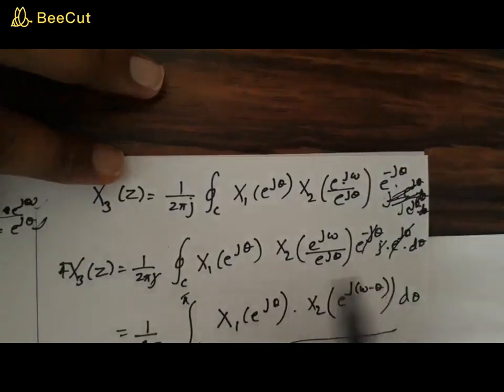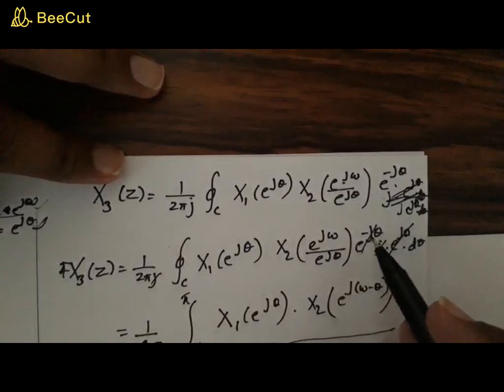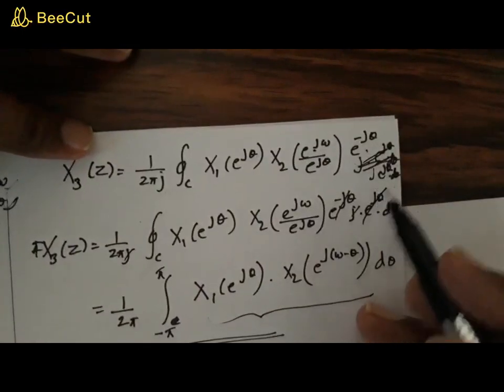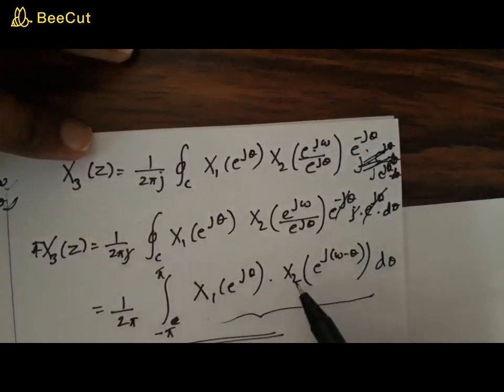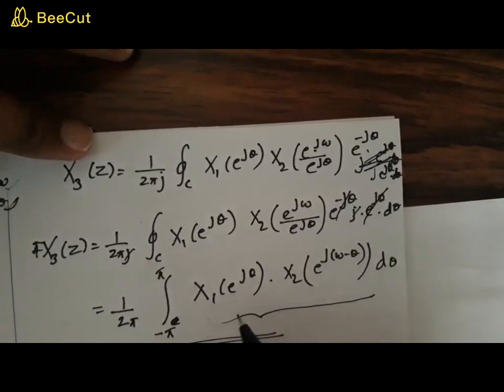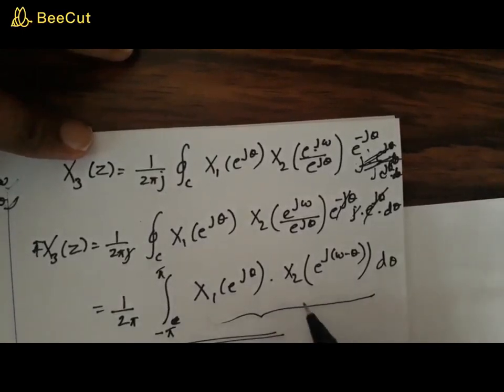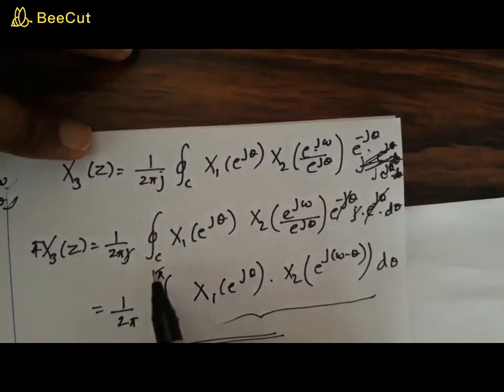I have rewritten it here again. So what you will get is, the j and j get cancelled, e raised to minus j theta and plus j theta get cancelled, resulting in 1 by 2 pi, integral from minus pi to plus pi, x1 of e raised to j theta into x2 of e raised to j (omega minus theta) d theta. Now it sounds similar to x1 of theta into x2 of omega minus theta d theta, as theta varies from minus pi to plus pi.